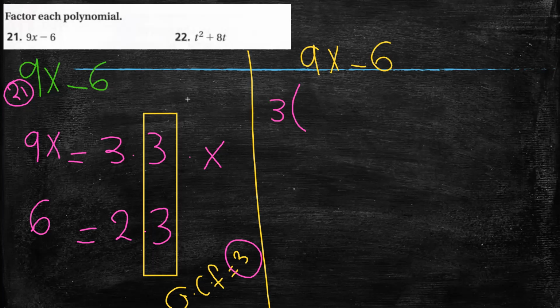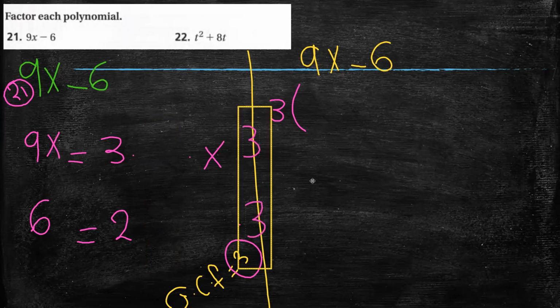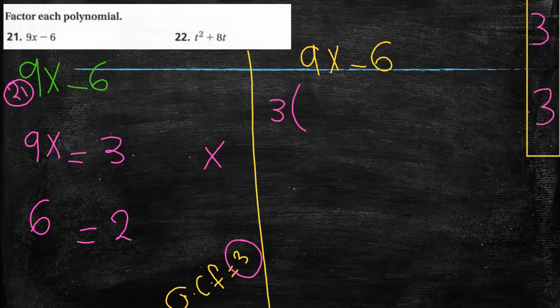We took the 3, which is the greatest common factor. I want you now to remove it. I don't want them because we already took one of them. We already took the common and we put it here as a 3.